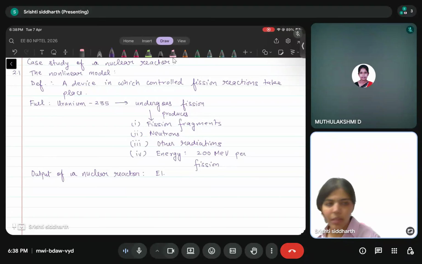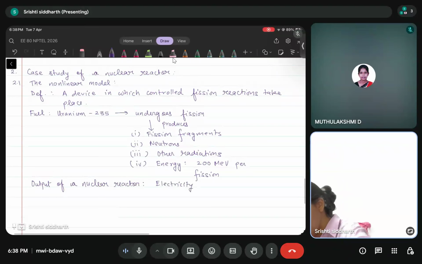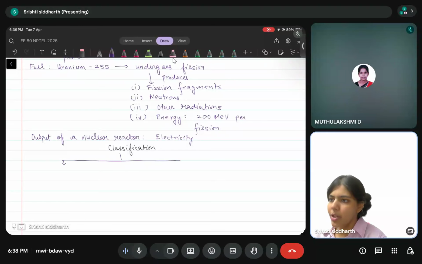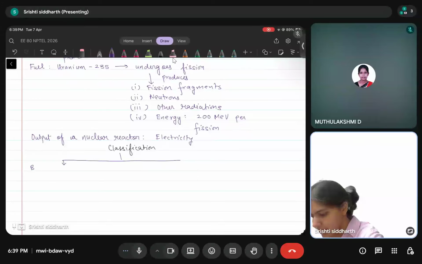So there are some classifications of nuclear reactors. Let's look at them quickly. First is based on neutron energy.